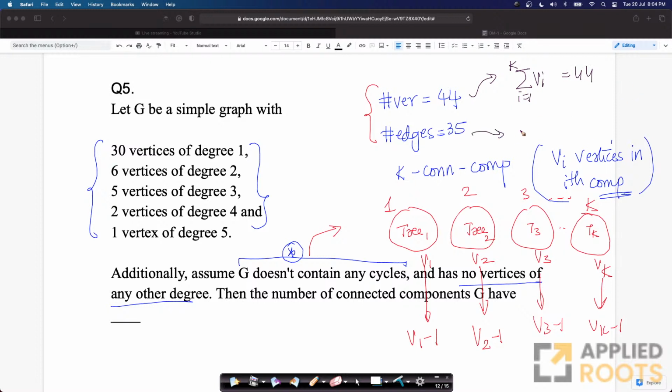The total number of edges, how do I get the total number of edges? I just have to do summation i equals 1 to k of the number of edges in each connected component, which is a tree, which is Vi minus 1. So V1 minus 1 plus V2 minus 1 plus V3 minus 1, so on and so forth. So this is equal to 35. These two pieces of information can tell me what is k.